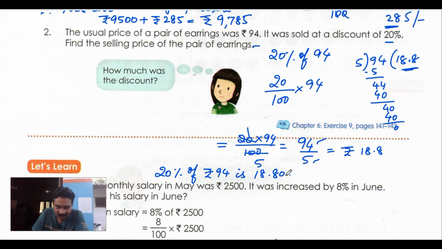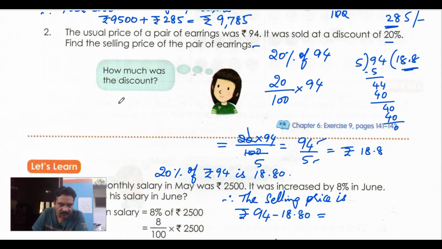Then it has to be subtracted, because a 20% discount is given, right? The selling price is 94 rupees minus the discount, that is 18 rupees 80. Okay, we'll do it here. 94 rupees, out of which 18.80 is the discount amount.